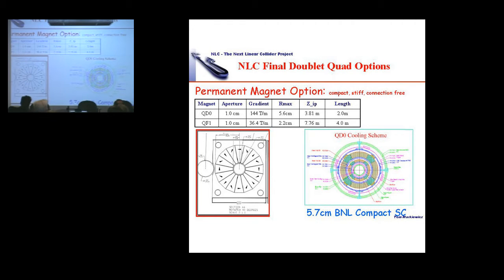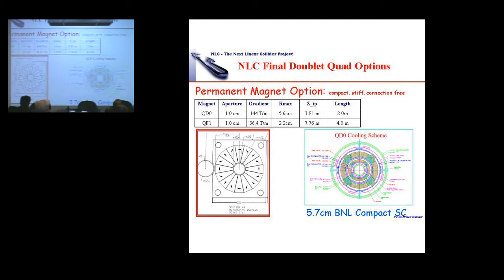One of the nice outcomes of SNOMAS was the interaction between the interaction region group and the magnet group. And basically, as a result of that, there are people at Brookhaven, Brett Parker, working on compact superconducting designs based on the kinds of magnets that they built for HERA.